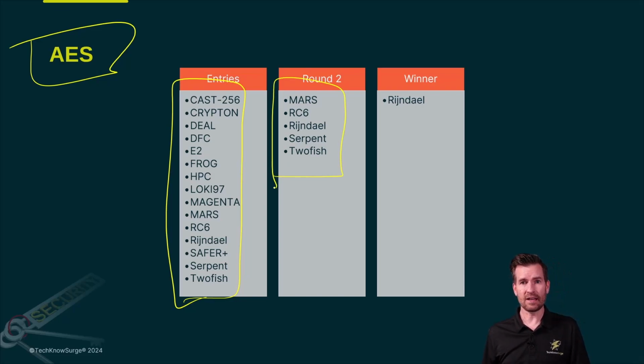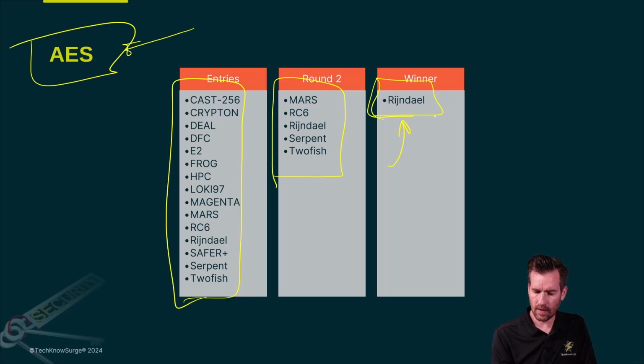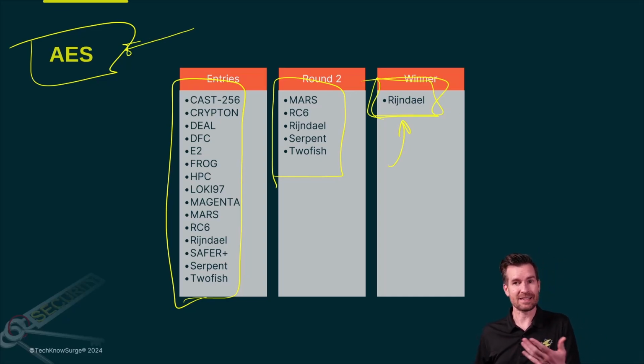And from those 5 entries, there's further discussion and narrowing it down, and then there was one winner. So Rijndael is the one that actually won through all of these. So when we say AES, it's actually the Rijndael cipher that we're using, but we will express it as AES because it's once again that container, that standard that we put out there and now has become the standard.